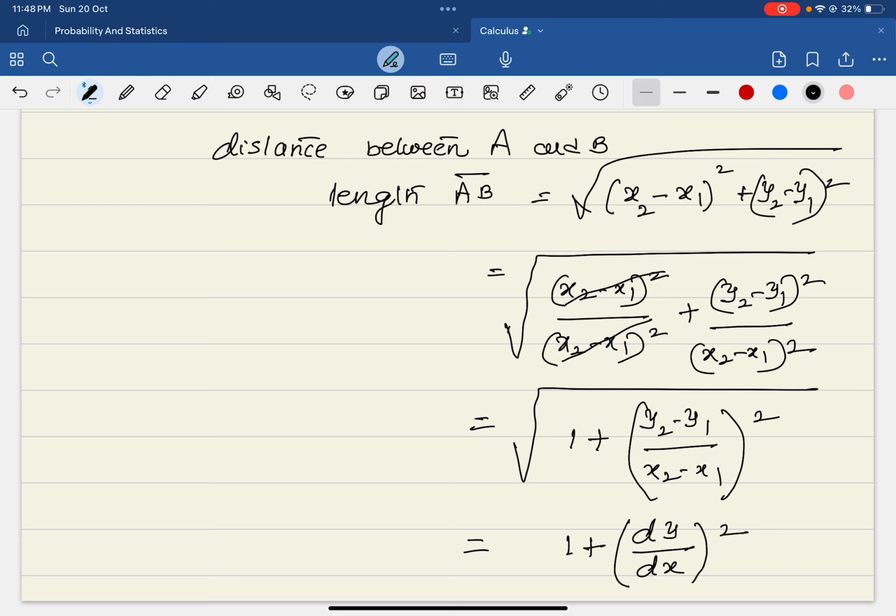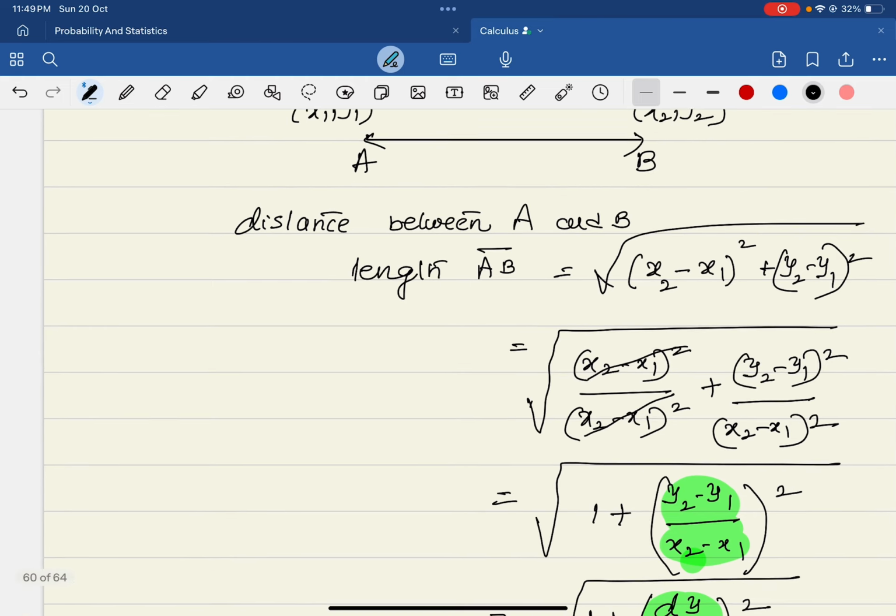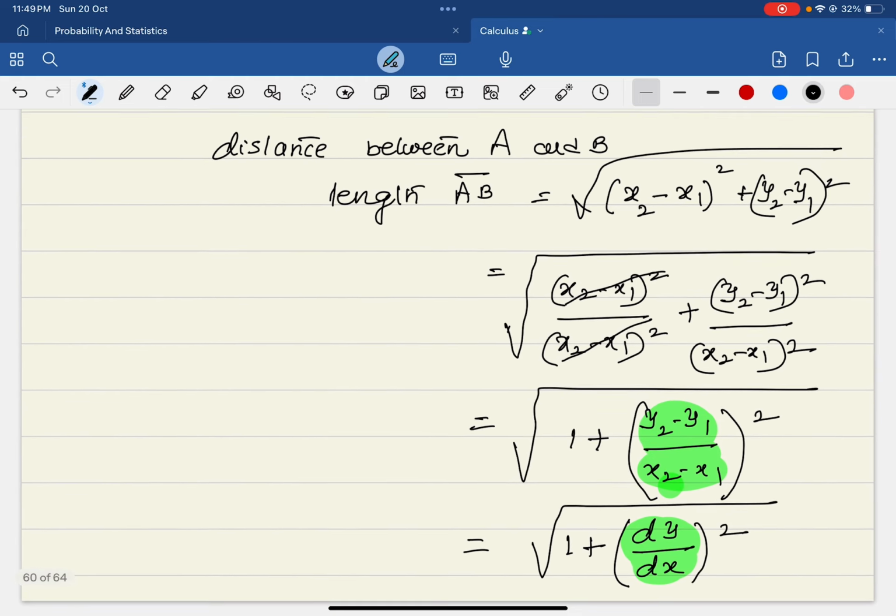So I can replace (y2 minus y1) by (x2 minus x1) by dy by dx, and this gives the square root of 1 plus (dy by dx) the whole square. This is for a straight line segment AB.